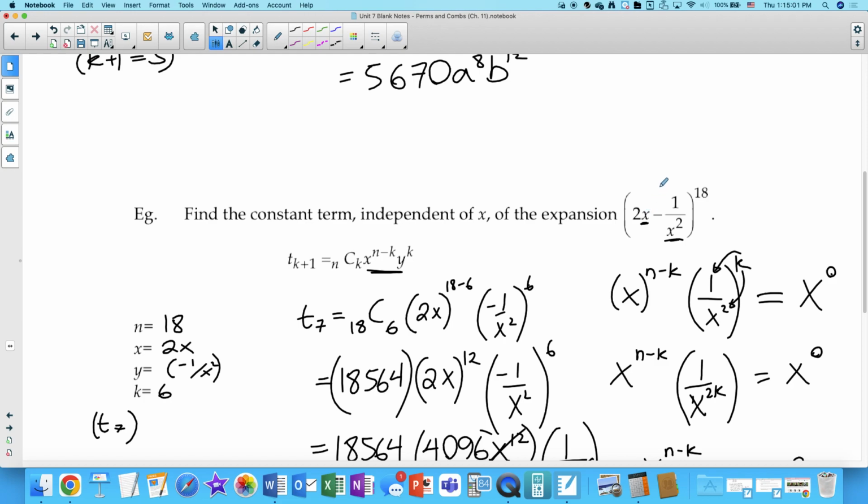These guys add up to 18 all together, right? Because n minus k plus k is n, and n is 18. So they have to add up to 18, but this guy has to be double that. So what two numbers add to 18 where one is double the other? 12 and 6. Okay, so you could do it that way too.